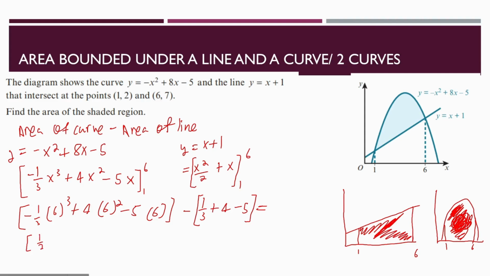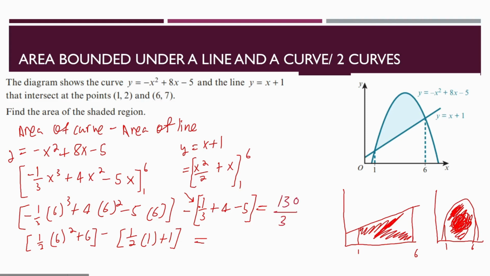So 1 over 2 into 6 square plus 6, minus 1 over 2 into 1 plus 1. Alright, let me just get my calculator. Sorry guys, I forgot to put a minus sign over here behind 1 over 3. Alright, so now that I've put that, my answer is going to come out to be 130 over 3.